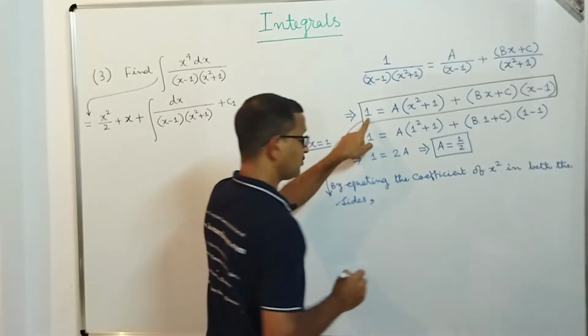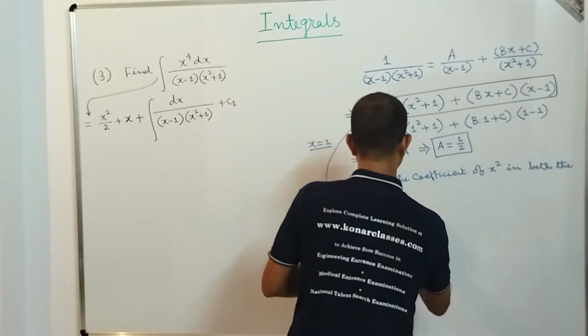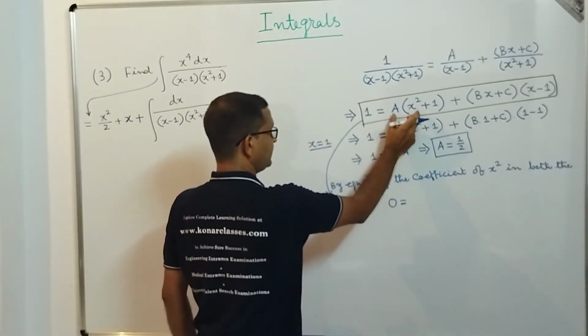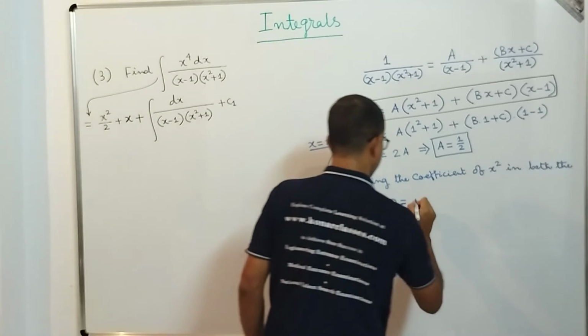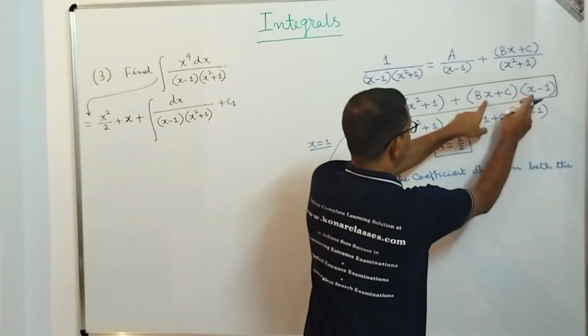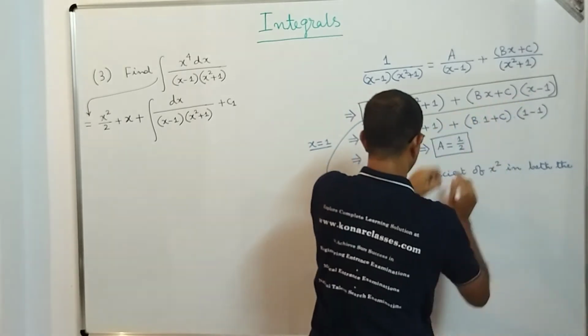Left hand side, what is the coefficient of x square? That is 0. That is equal to, in the right hand side, what is the coefficient of x square in this expression? That is A. And what is the coefficient of x square in this one? It is B, because Bx into x is Bx square.